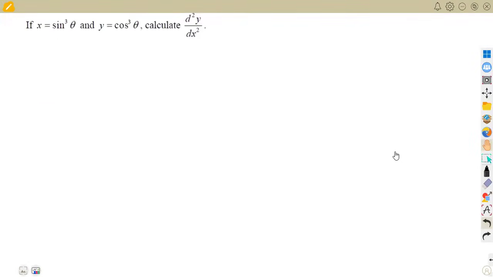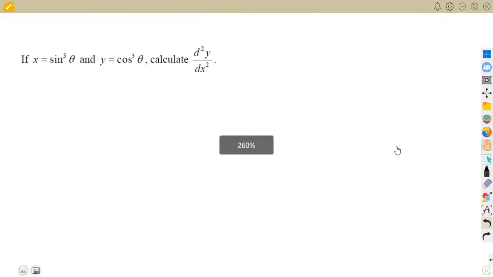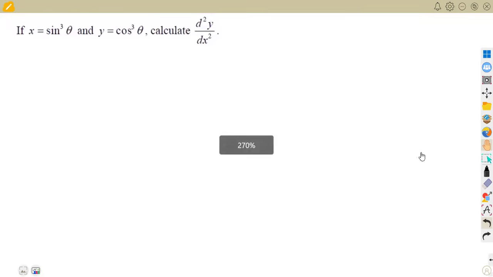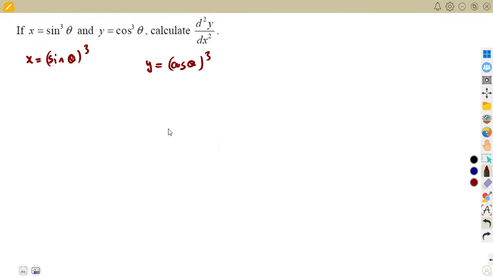So if x is equal to sine cubed of theta, then you're asked to find the second derivative. All right, so remember, this can be written the same way as x is equal to sine theta to the exponent of 3. The same thing, y is equal to cos theta to the exponent of 3.